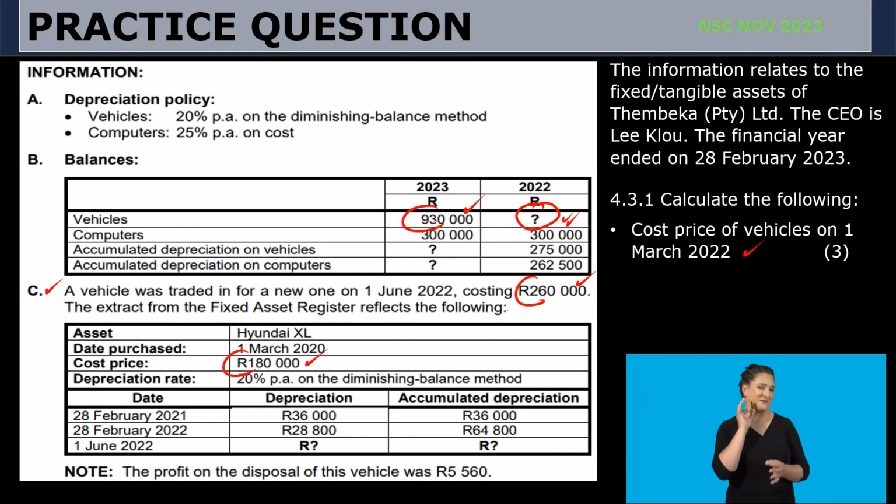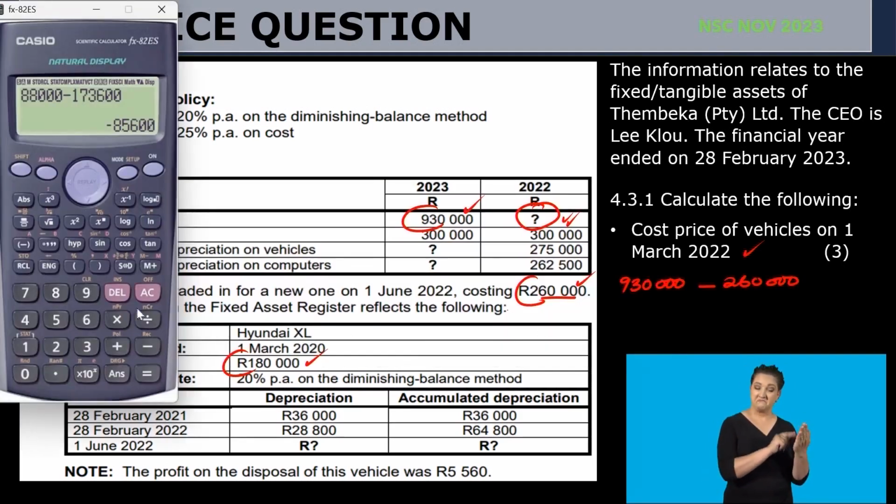You simply say the asset that we have at the end, the vehicles that we have at the end, that is your 930,000, and then you subtract the addition, minus the 260,000. Okay, so we're now saying 930,000 minus 260. That will give you 670,000.